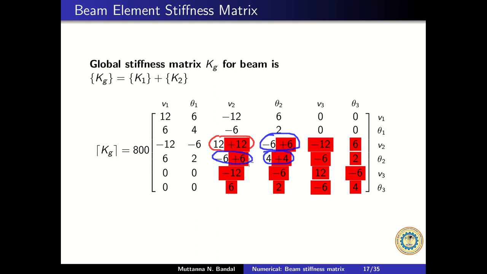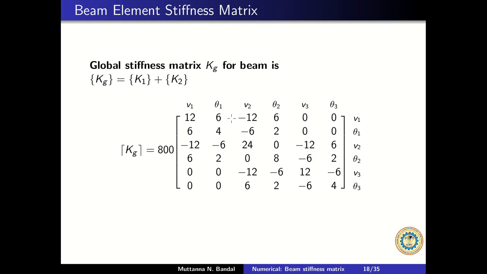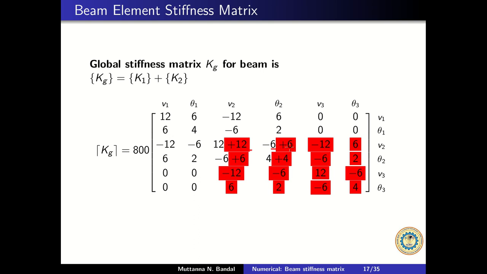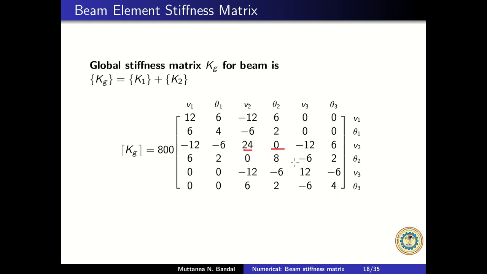So once this assembly is formed, I will add those and form the new assembled stiffness matrix. Upon simplification, this becomes 24, minus 6 plus 6 is 0, minus 6 plus 6 is 0, 4 plus 4 is 8. So these are the modifications, and the rest of the elements remain as they are.